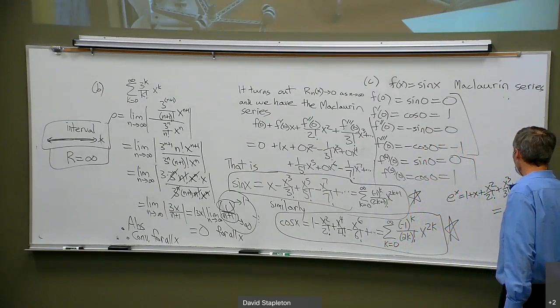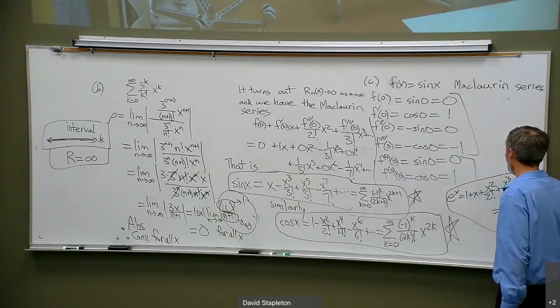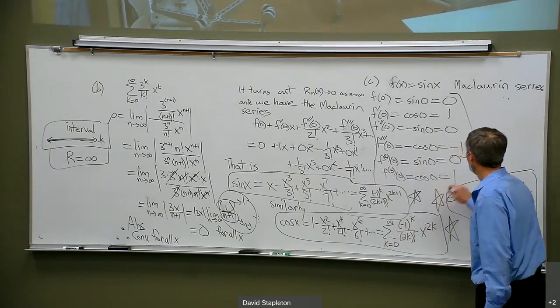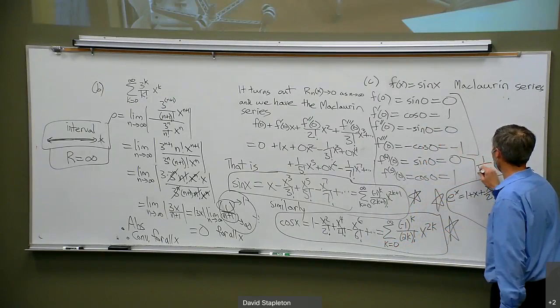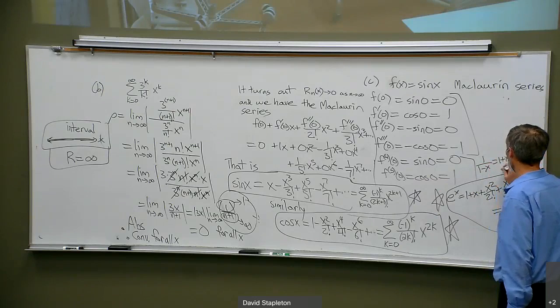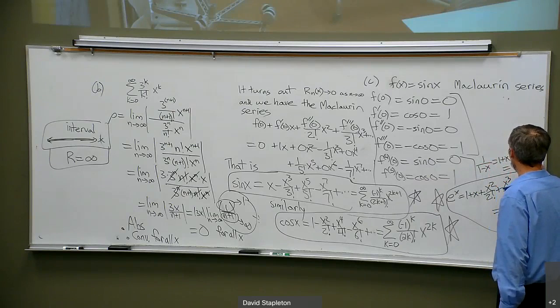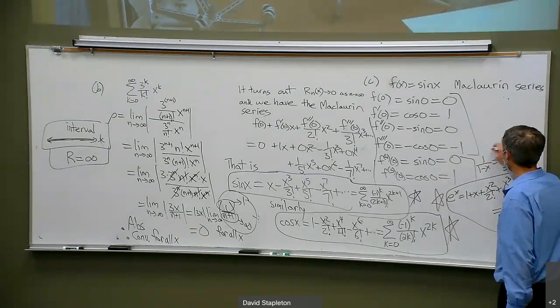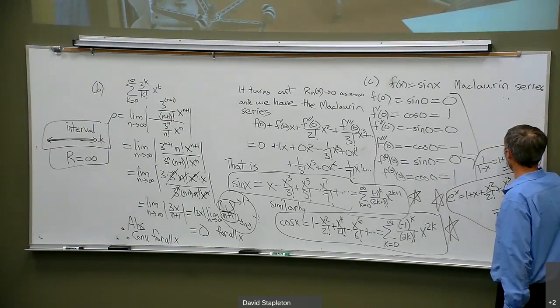So that one's to memorize. And then the 1 over 1 minus x series. 1 plus x plus x squared plus and so on with easy sigma notation. Sum k equals 0 to infinity x to the k. Those 4 are the ones I want you to memorize.